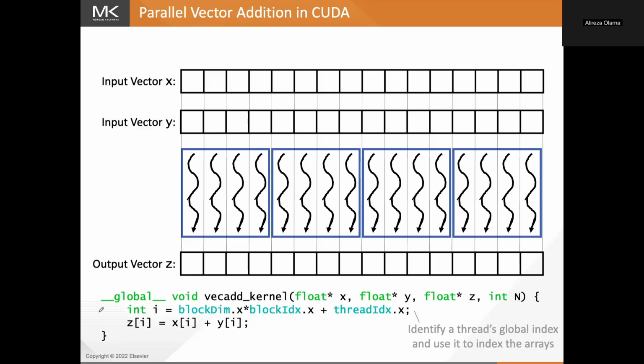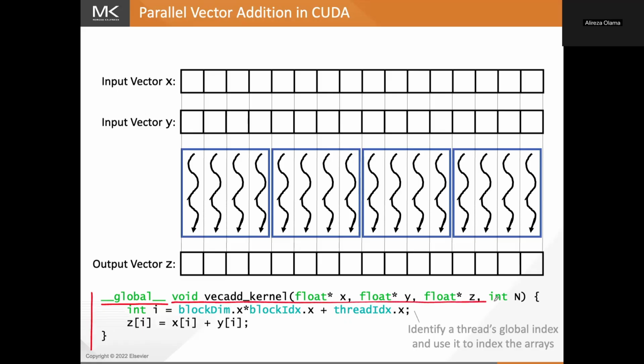So let's see how this kernel is implemented. This is the kernel that I was talking about. The first thing that I need to do is to annotate it with this global keyword, right? And then I can define it as a normal C function.